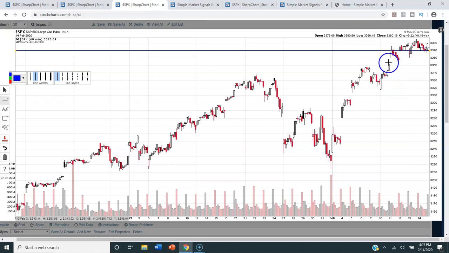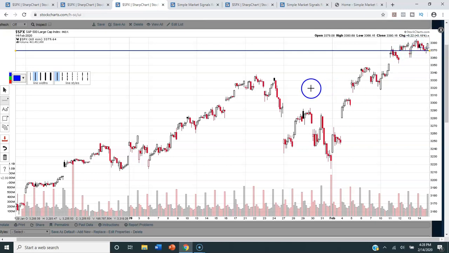You can see that this 3370 area kind of acted as an overhead resistance point for a few hours. Again, each one of these candles is an hour. And then once we got above it, all but 1 hour of trading has been above that 3370 area. So in the short term, the 3370 area is a very key support area.